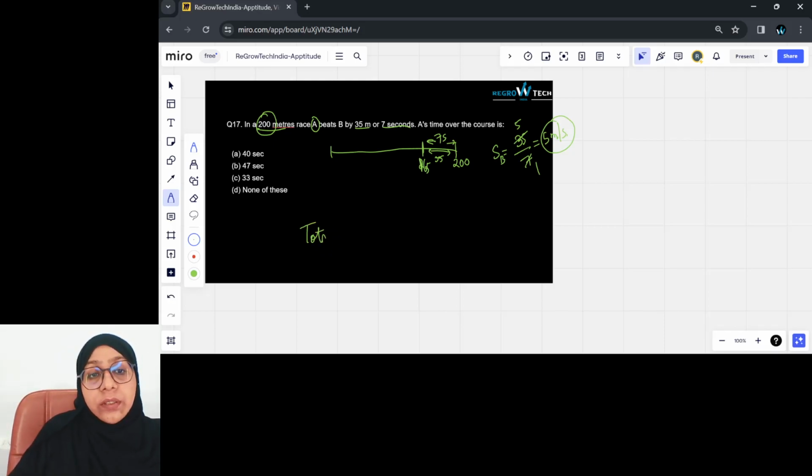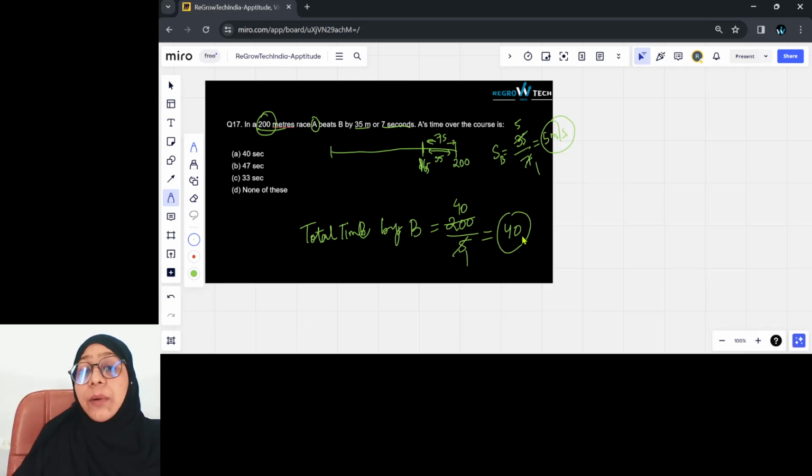So, total time by B would be the total distance divided by the speed. Total distance is 200, speed is 5. So 5 ones are 5, 5 fours are 20, and 40 seconds. Therefore, B took a complete time of 40 seconds to go from 0 to 200.